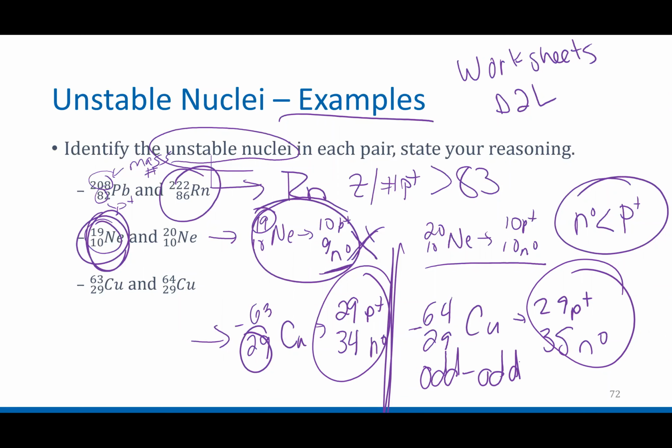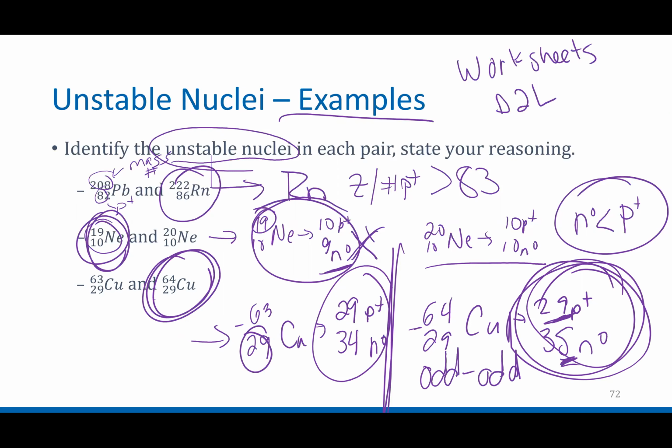Remember, odd means 1, 3, 5, 7, 9. And because these numbers are both odd, 9 and 5, copper 64 is not stable.